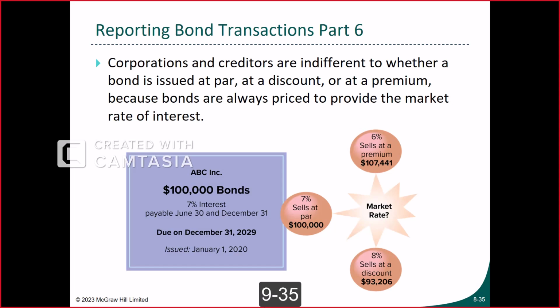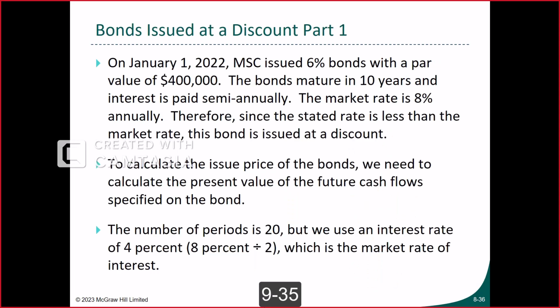That is the result of a mathematical calculation. Also, if the market rate is 8%, while you are offering a coupon rate of 7%, with principal 100,000 and number of payments 20, it will end with $93,206. We're going to see how we get those numbers.